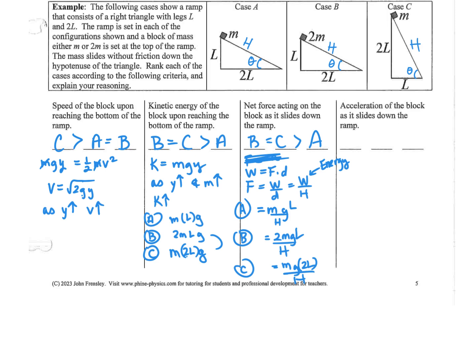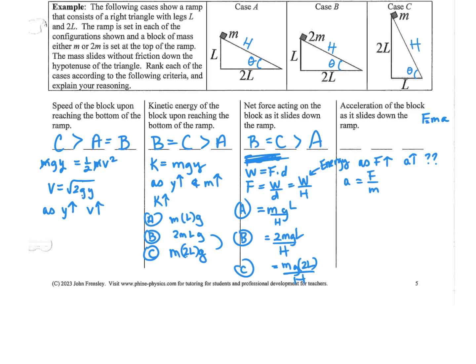Acceleration of the block. Well, we know the higher the force, acceleration increases. Does it though? What do we know? F equals ma, right? So the acceleration is dependent on the force divided by the mass. So really what we're looking at is our acceleration is equal to that force divided by the mass. So it really depends on what's happening here.